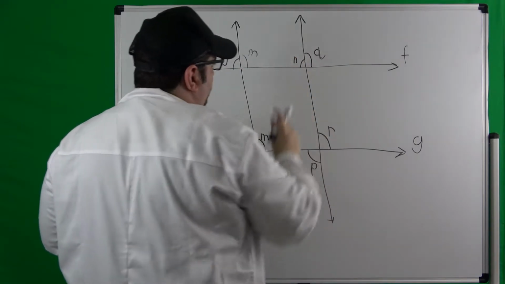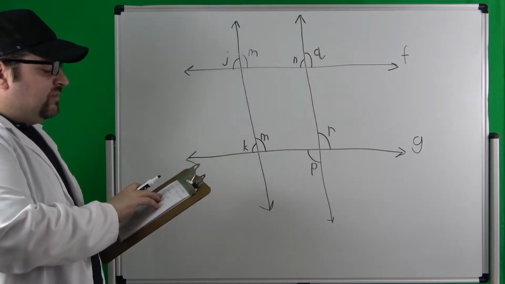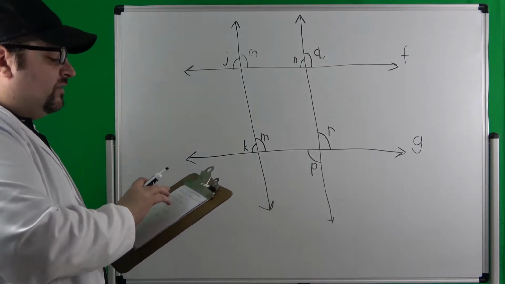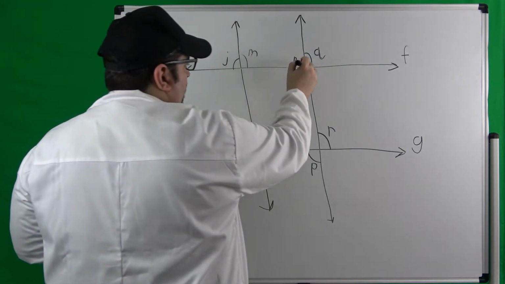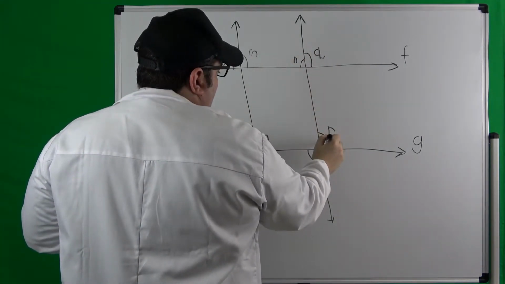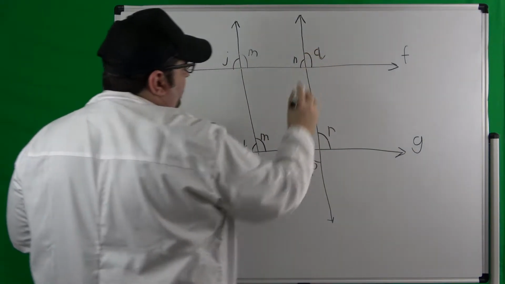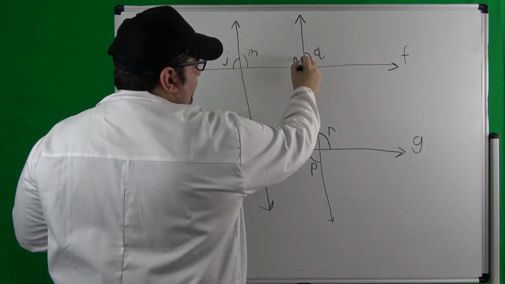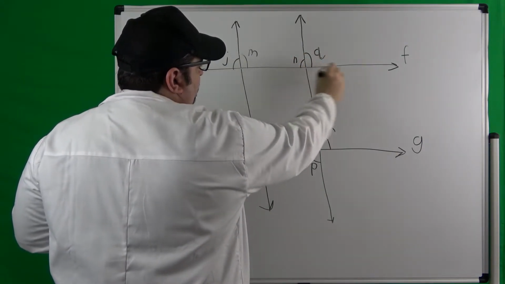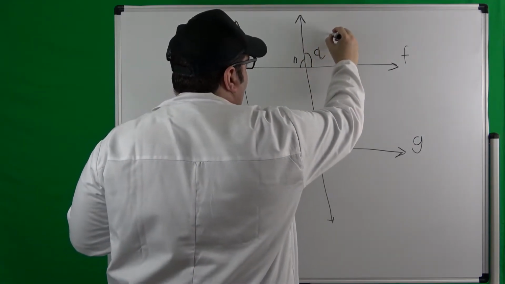Now P plus N would be 180, which brings us to the measure of angle N plus the measure of angle R equals 180. So angle N plus angle R. Well, okay, angle R is the same as angle Q. And two angles that are part of a line, they equal what? 180.